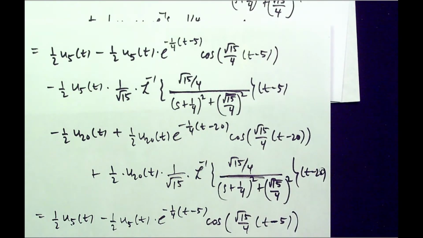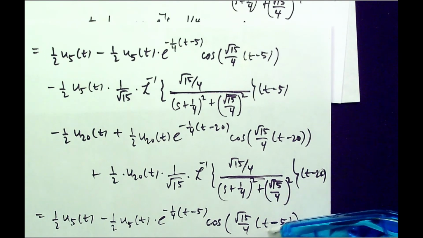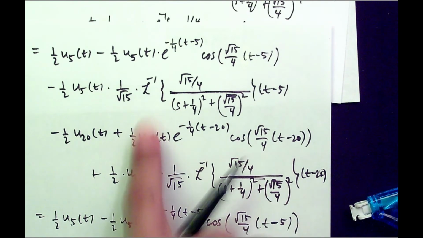So e to the negative 1 quarter t minus 5, yeah, it's 5. We're still with the 5, this one.